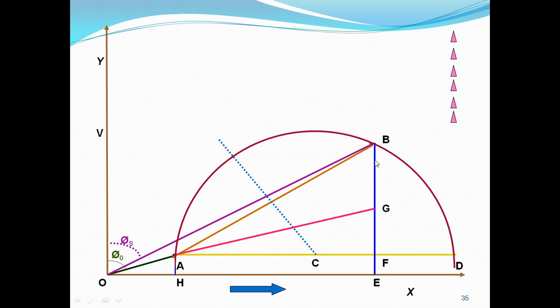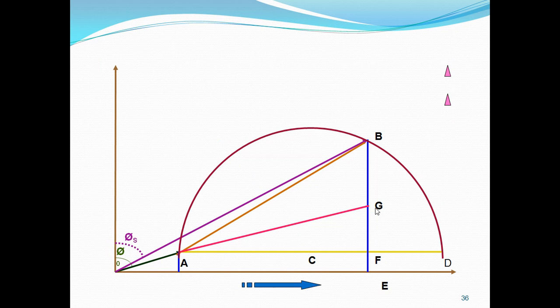Here BF shows the division of copper losses of rotor and stator. If both are equal, take the midpoint. AG is the torque line, and AB is the output line.